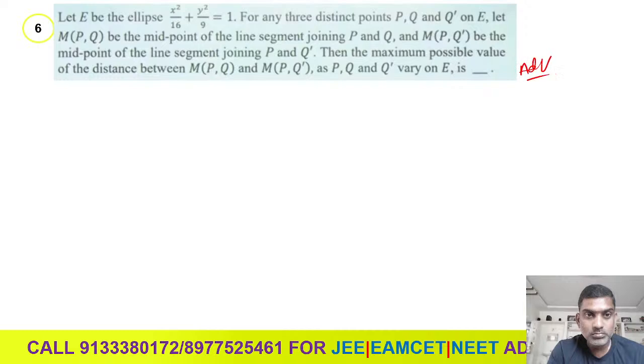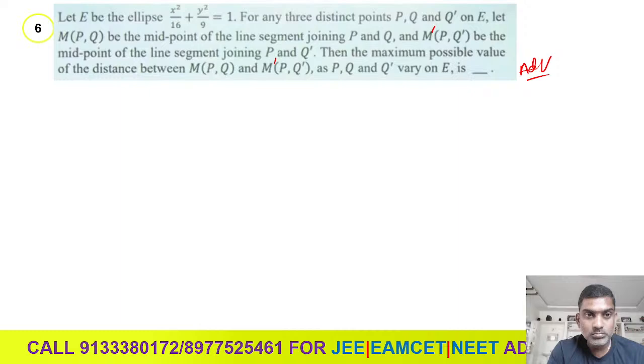Let M be the midpoint of the line segment joining P and Q, and M prime be the midpoint of the line segment joining P and Q dash. Then the maximum possible value of the distance between M and M prime is what? Okay. See, first what have they given?